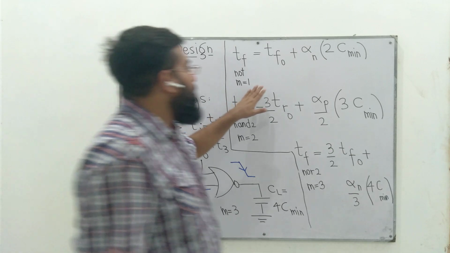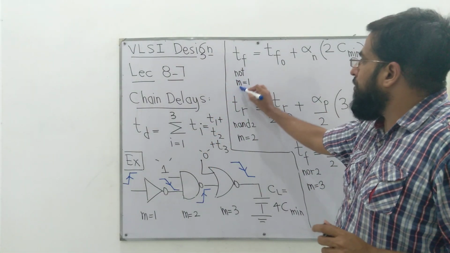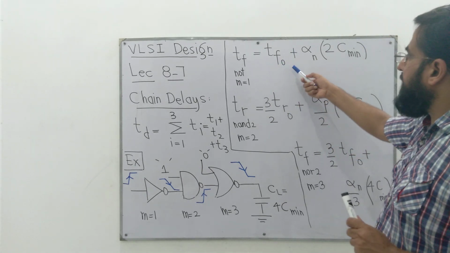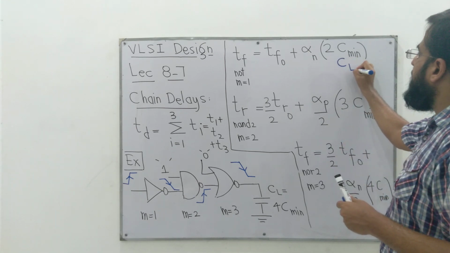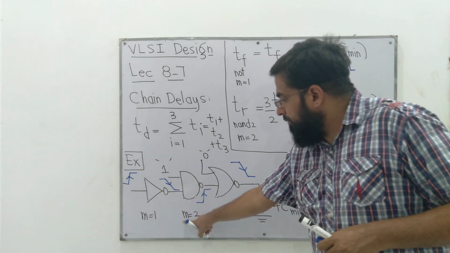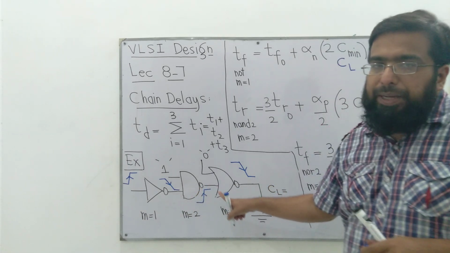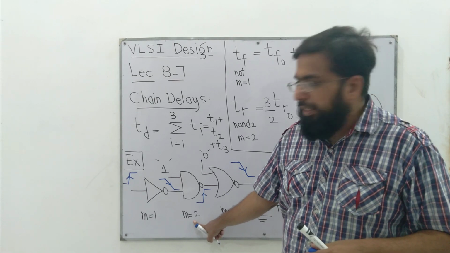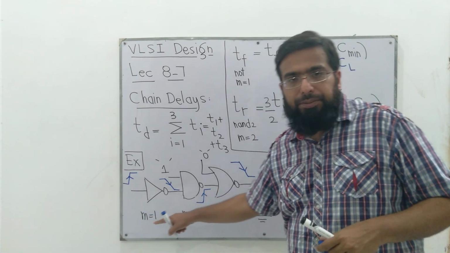The expression for fall time delay of a standard NOT with M equal to 1, we have already studied. It's TF0 plus alpha n times CL. Since this gate is with M equal to 2, the gate capacitance would be multiplied by 2 because the aspect ratios are 2 times compared to the aspect ratio of transistors we have used here.